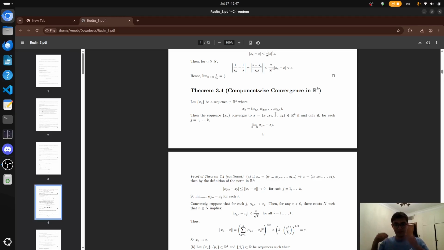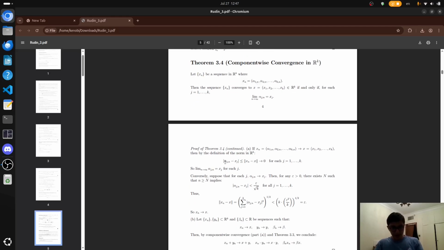So in Rk, if you want it to converge, which means basically the norm of it is converging to something, you want it to converge separately in every dimension. And this follows because the norm is always greater than this, because this is basically one of the components of the norm squared, right?